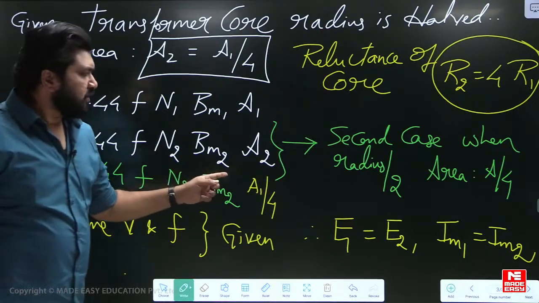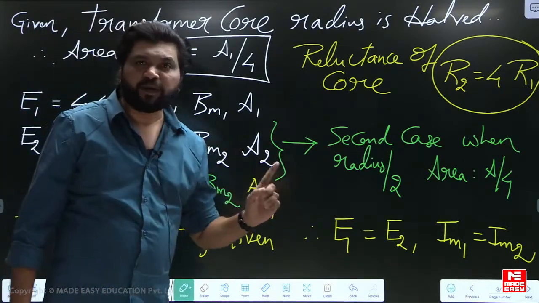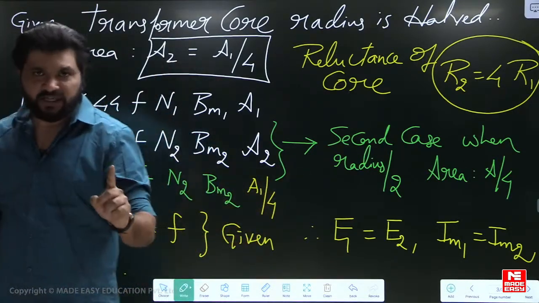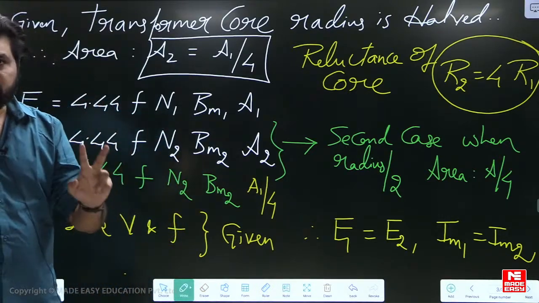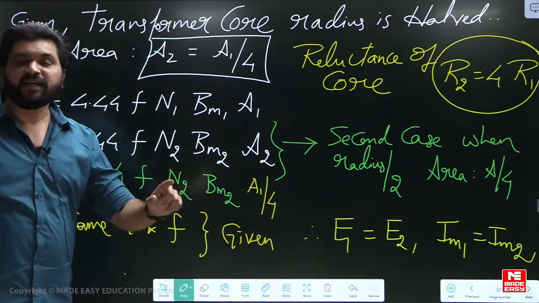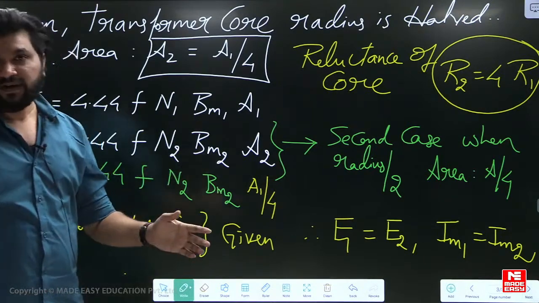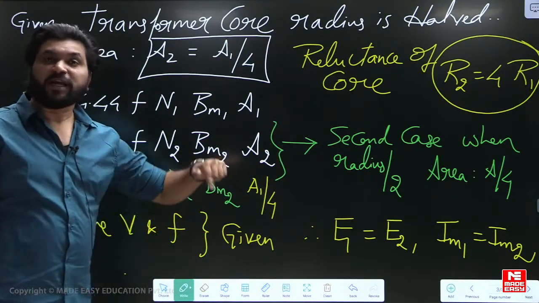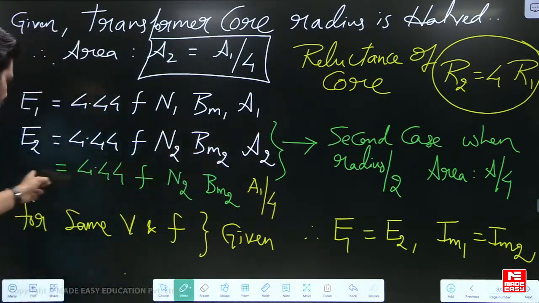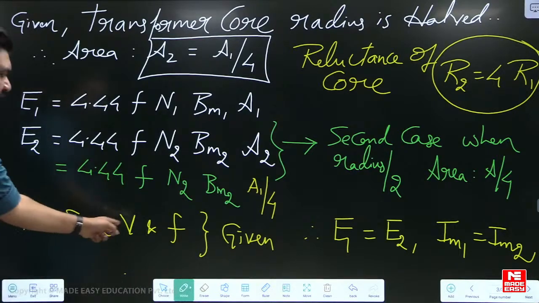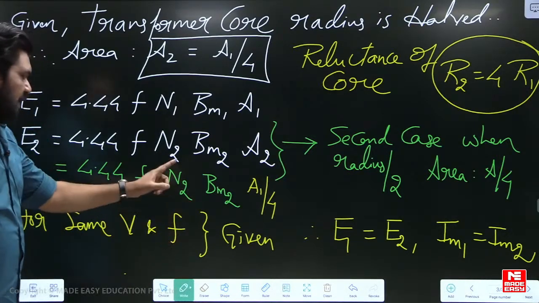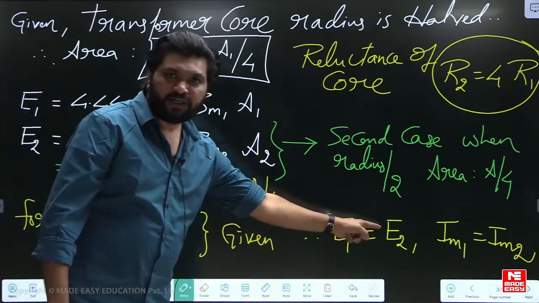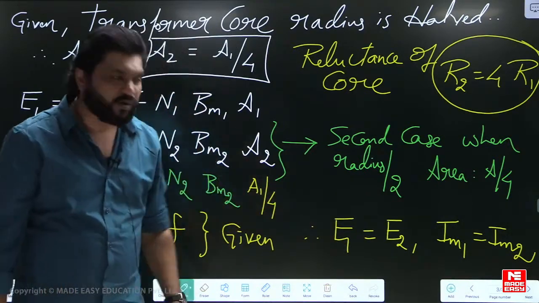Here don't get confused. E1, E2 means not primary, secondary. E1 is the first case, E2 is the second case. Means after making the radius of the core half, then area became by 4, reluctance became into 4. That's the case in this particular case. So as it is mentioned in the question that V and F are maintained same, I am equating voltages. E1 is equal to E2 because V by F ratio is maintained constant.